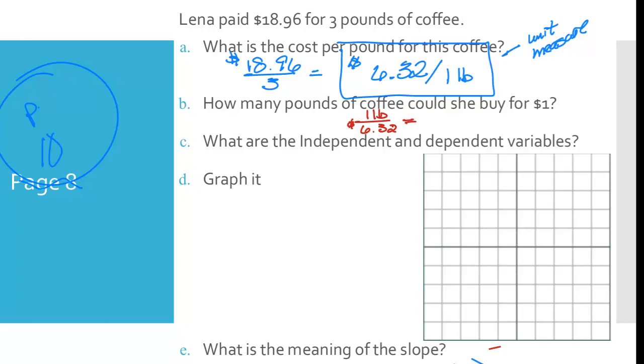And we want to take this down to $1. So this is kind of setting it up as a proportion, which you don't have to do, but maybe that's what you were thinking. So you would divide 1 by 6.32, and what do we get?